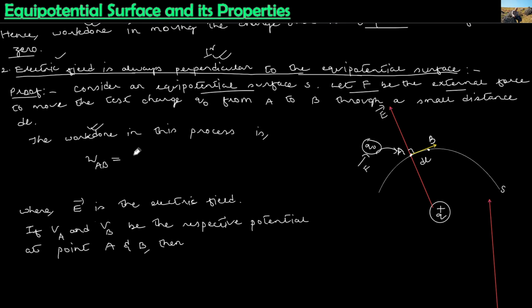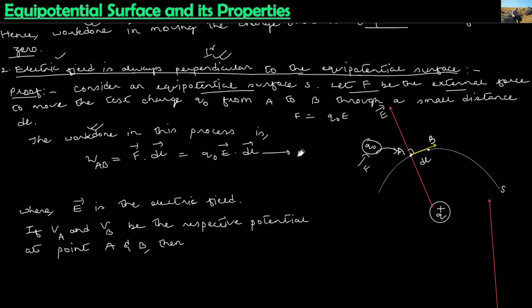Work done is force into displacement. What is that displacement? The displacement will be dl bar. But what is force? Force over here will be Q0 into E. So we will write that as Q0 E dot dl.